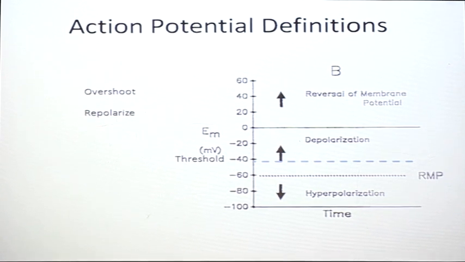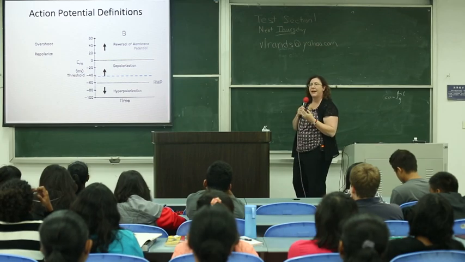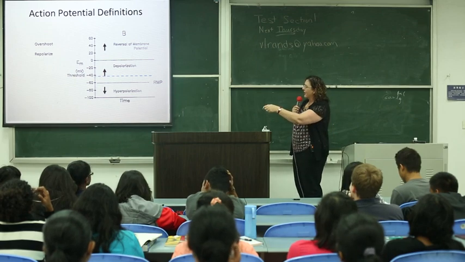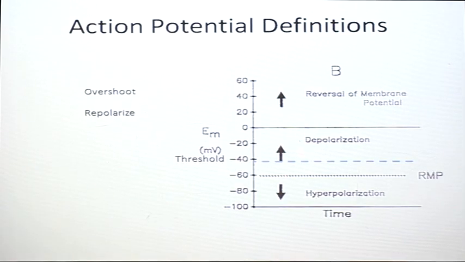We call it overshoot when it goes over zero. You'll see here it says reversal of membrane potential, but we don't actually use that as a term very often. So we're going to depolarize, we're going to overshoot, we're going to repolarize and come back down.